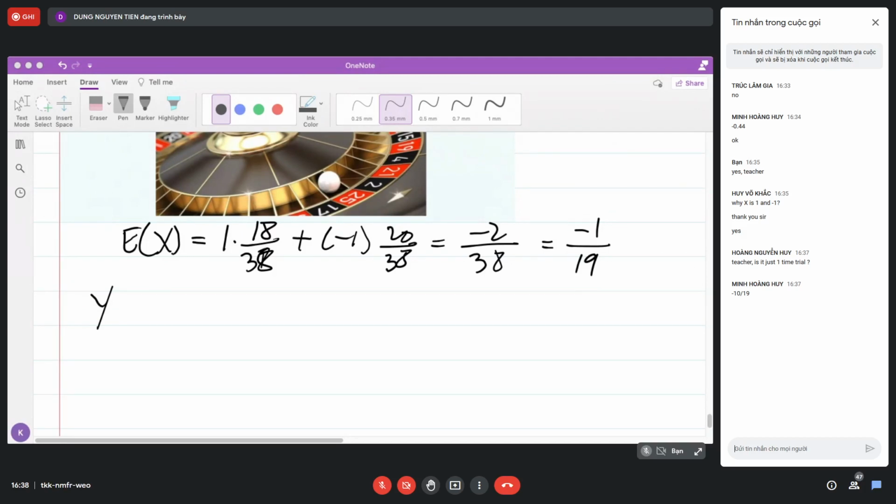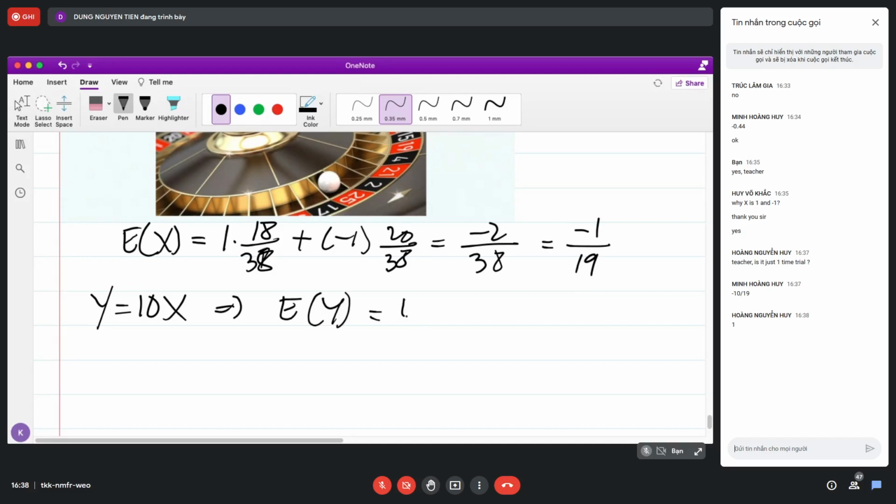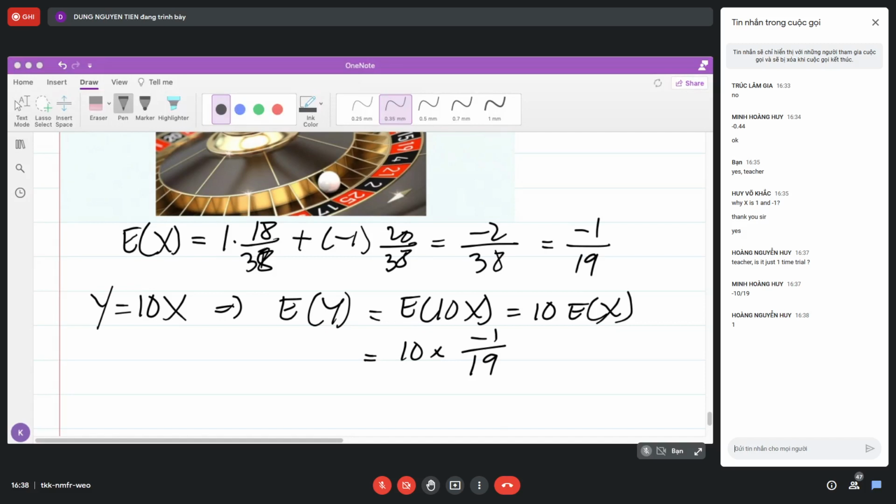If you play the games 10 times, so Y is simply 10 times X, right? And then you get the mean value of Y, which is the mean of 10X, and that is 10 times the mean of X. All right, so you get 10 times -1 over 19. So it's just like the more you play, the more you lose. Okay.